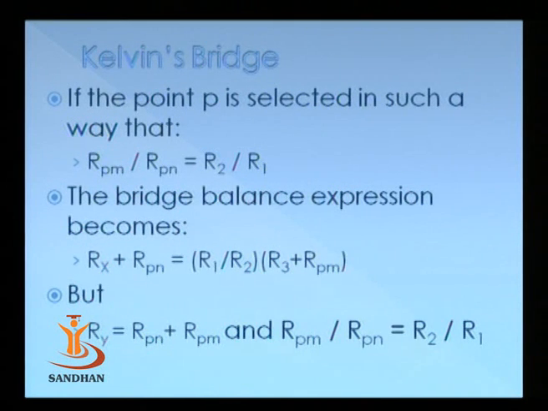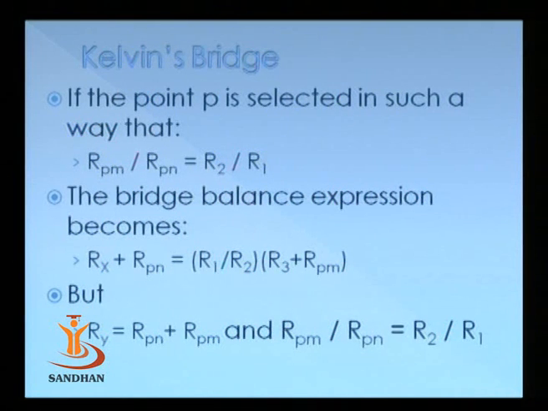If the point P is selected in such a way that the ratio of RPM to RPN, that is the ratio of resistance from the contact point towards R3 and R4, is equal to the ratio of R2 and R1, the bridge balance condition becomes: Rx plus RPN is equal to R1 by R2 multiplied by R3 plus RPM.